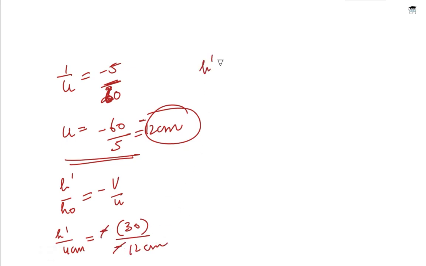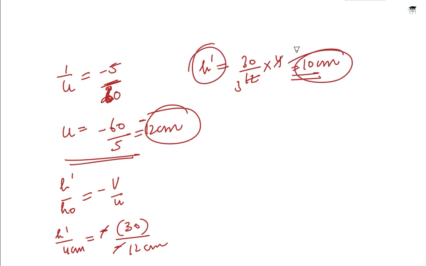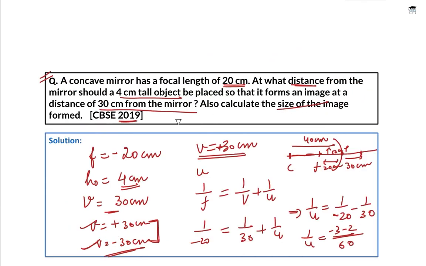So H dash will be equal to 30 by 12 into 4. This is going to be 10 centimeters. H dash has come out to be 10 centimeters and it is positive, which means the image will be in upward direction, the image will be erect. So what is the size of the image in this case? It is plus 10 centimeter. The image is going to be here at 30 centimeter and it is going to be of 10 centimeter.